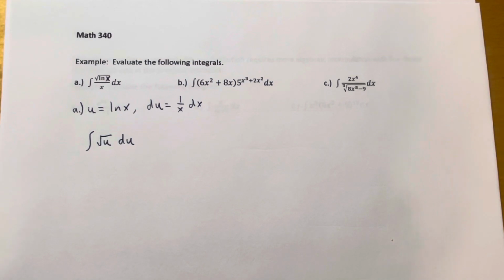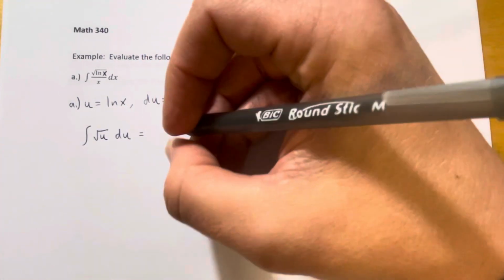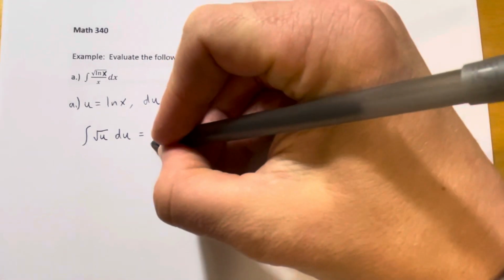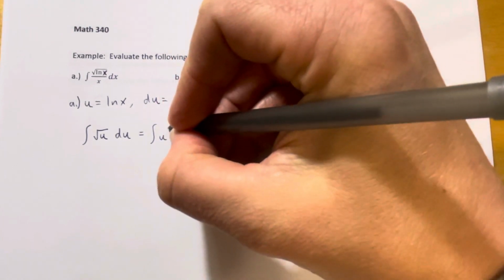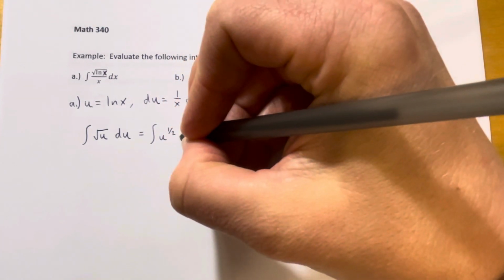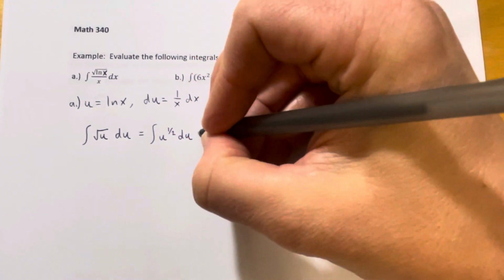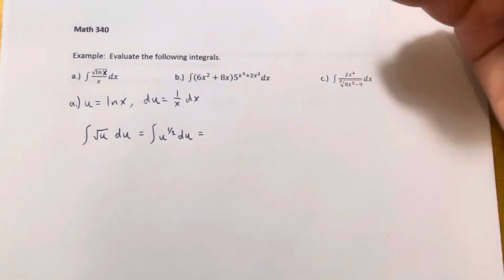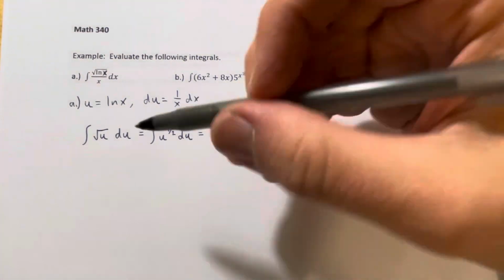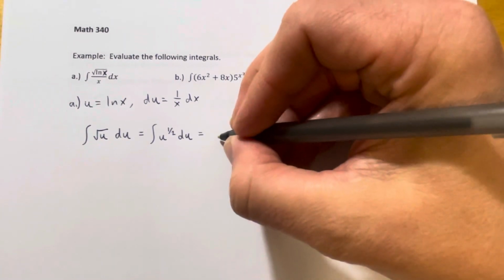This is not difficult to take an antiderivative of. We know how to do this. Just as a reminder, it's useful to rewrite it in terms of a rational exponent first, so that I can see how I would use the power rule in reverse to find an antiderivative. Add 1 to the exponent, which is 3/2.